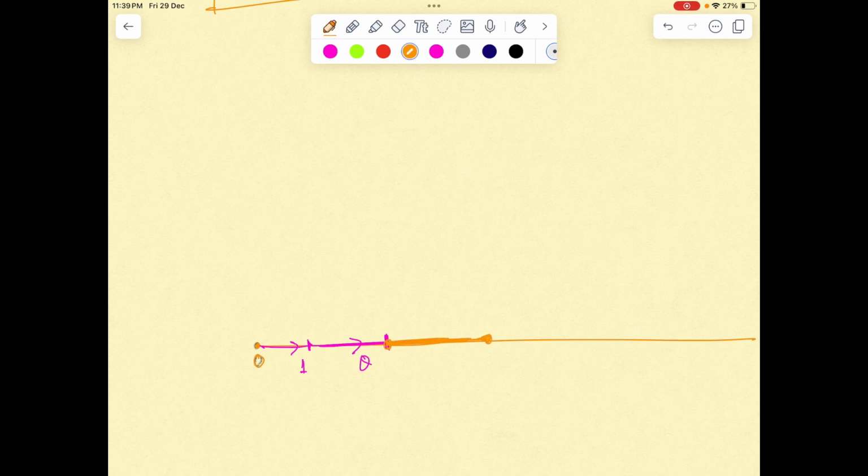Let me use a different color. This represents theta square by 2 factorial. Maybe this color represents theta cube by 3 factorial, and we have another color for theta 4 by 4 factorial, and so on and so forth, right? So what exactly this Taylor series is revealing to us is this.